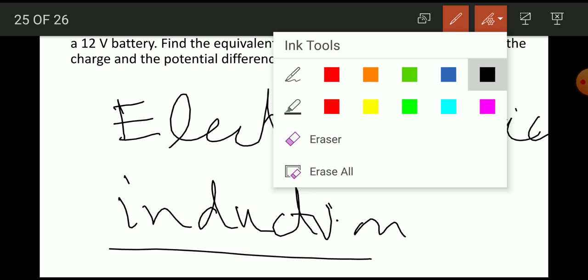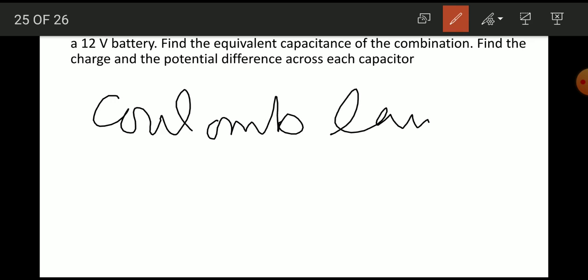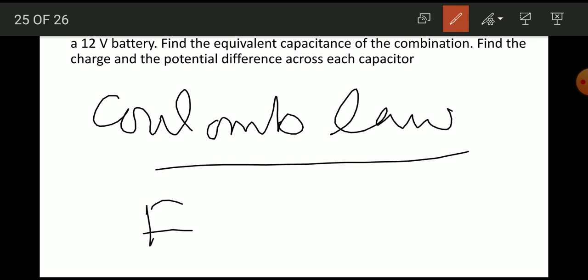We also studied Coulomb's law, which is equal to K Q1 Q2 divided by R square.